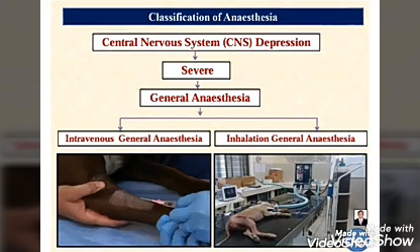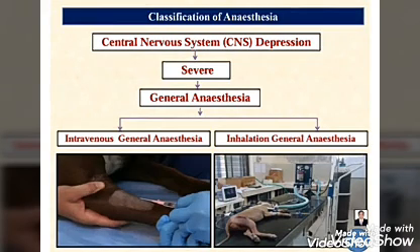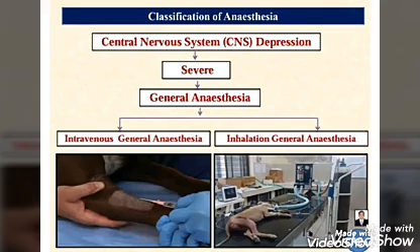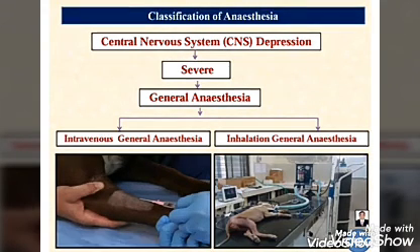The duration of anesthesia generally depends upon the type of anesthetic agent used, and repeated injections may be given to maintain the anesthesia, or it may be continued by a continuous rate infusion or addition of inhalant anesthesia.